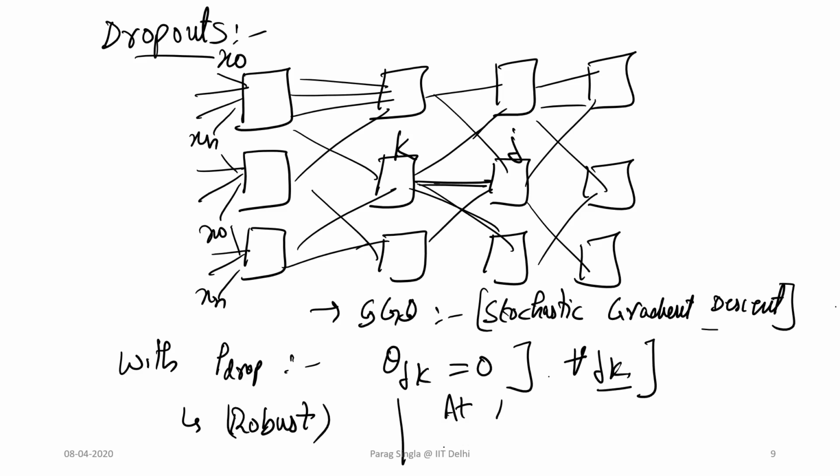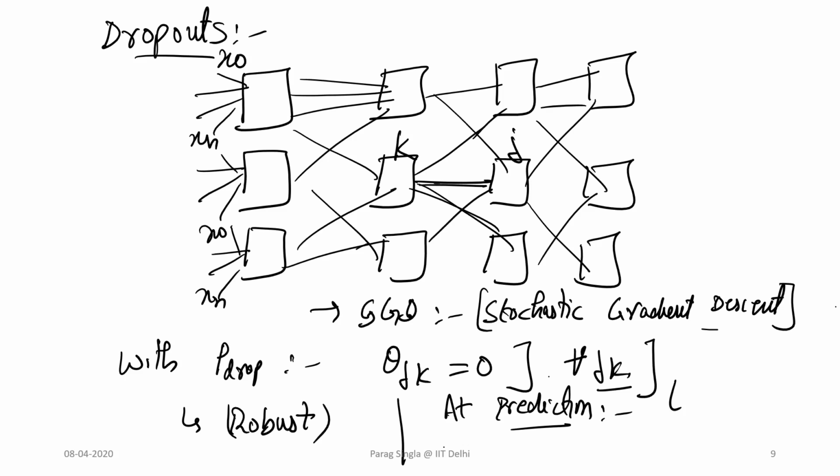And at prediction time, you take each of the weights in the network, and you multiply the corresponding weight by the probability of it being kept during the learning, right?